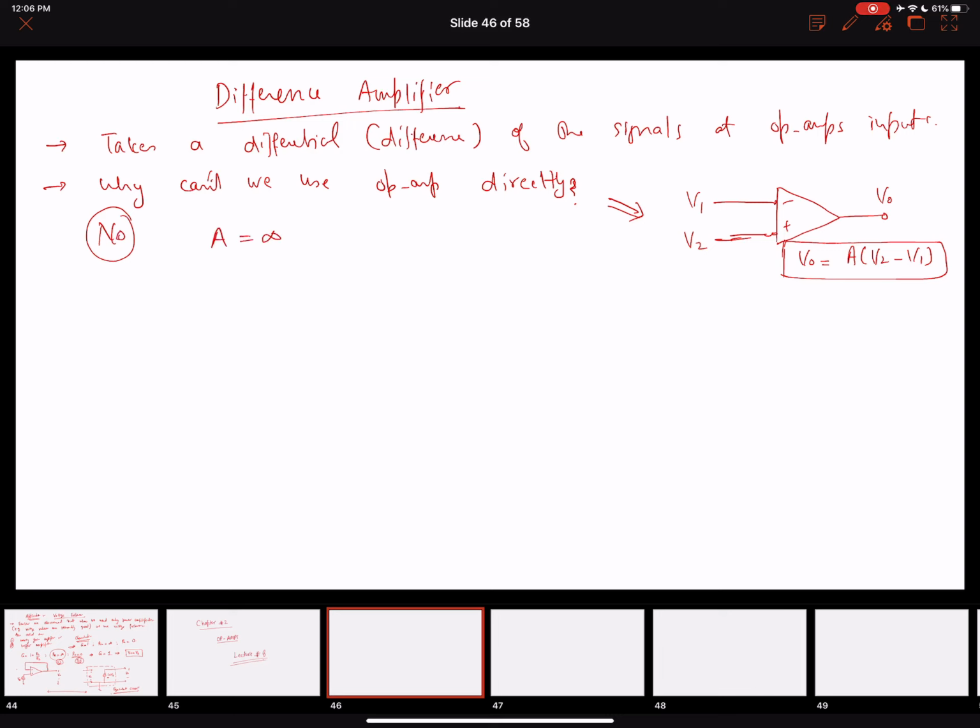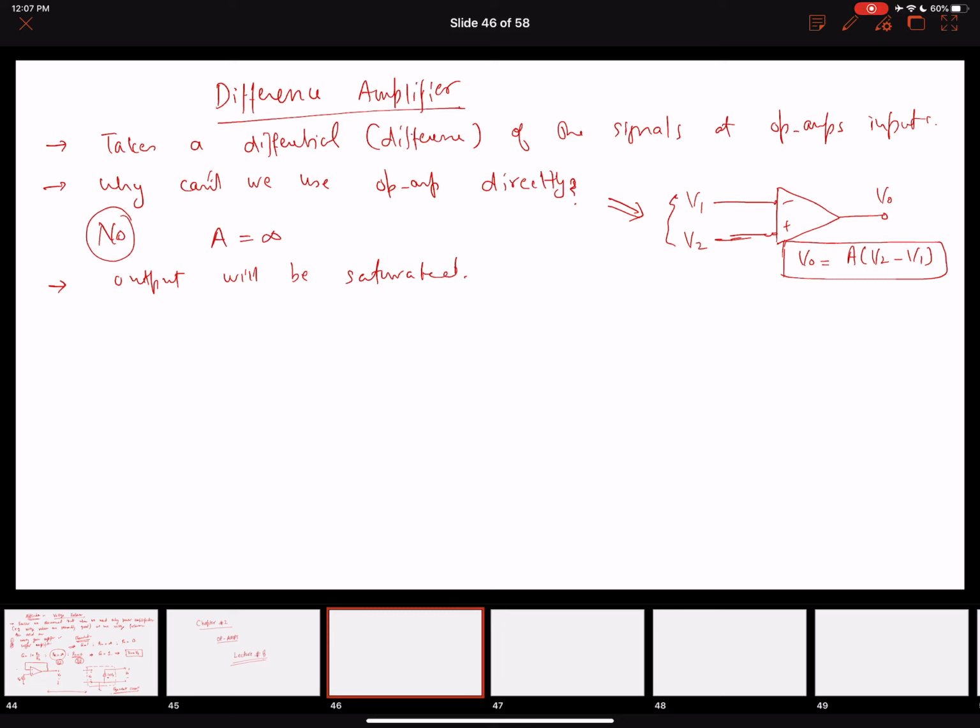A is ideally infinite, or otherwise extremely large. So our output will be saturated. Our output cannot be infinitely large. It will be saturated, slightly lower than the power supply's input. So that is why we will not get the difference or the amplification, but always a saturation.